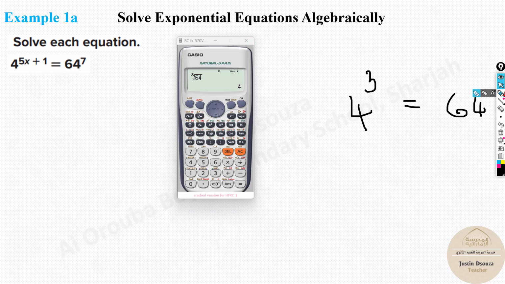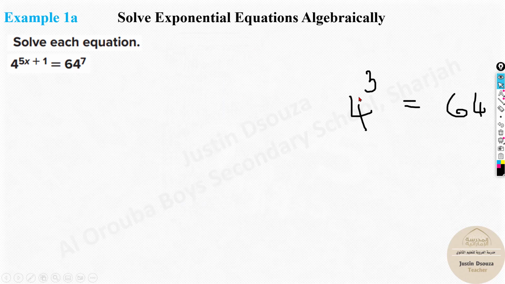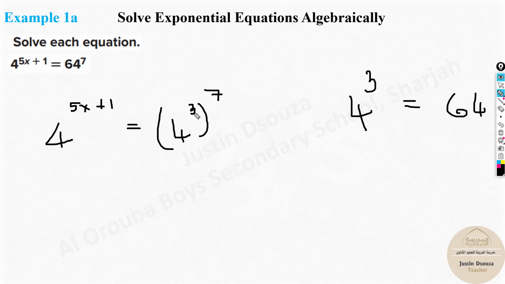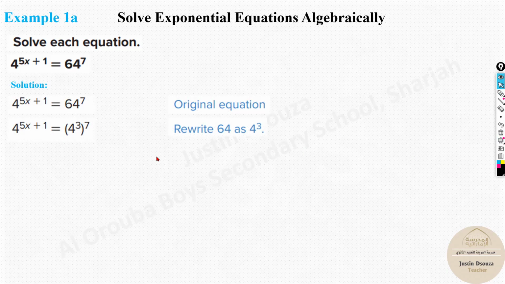Now, 4 remains as it is with 5x plus 1, but instead of 64 I will write 4 to the power 3, the whole raised to the power 7. We know that powers multiply, so 3 times 7 is 21.